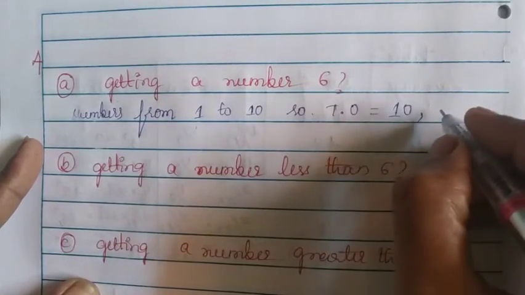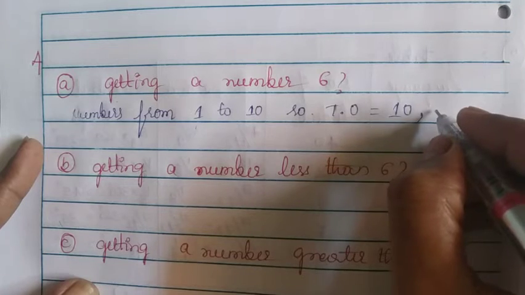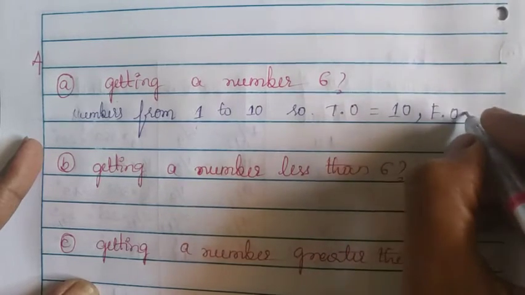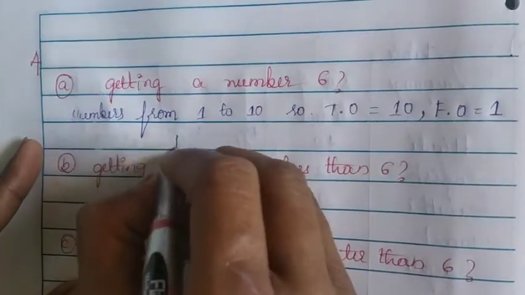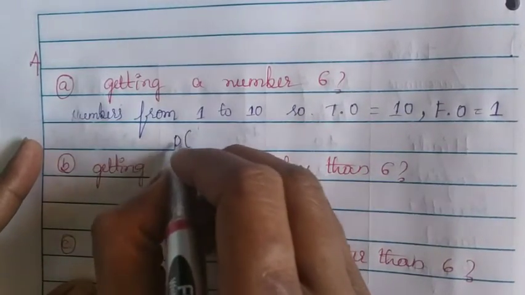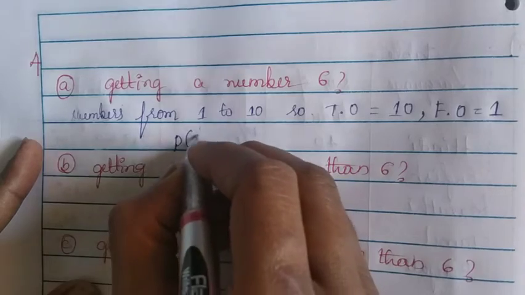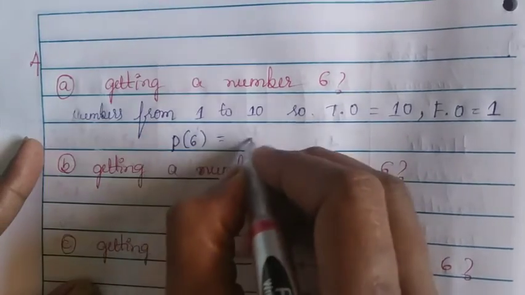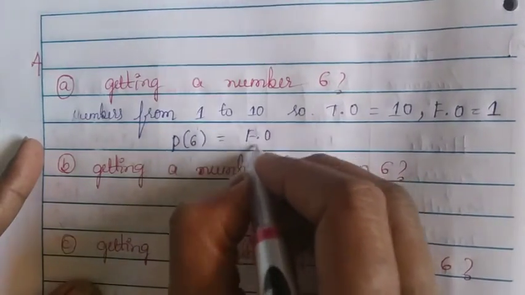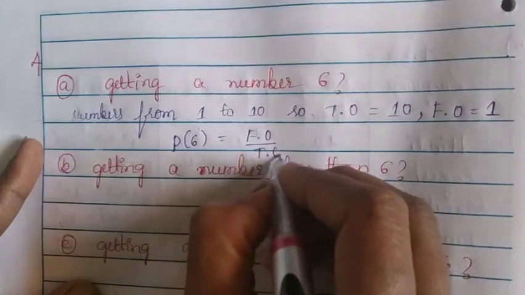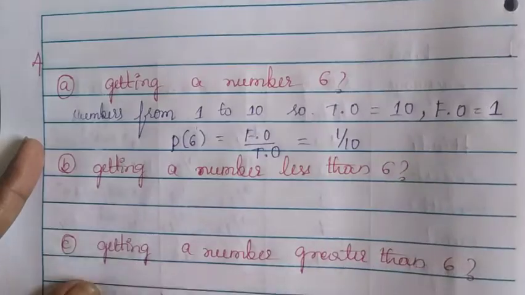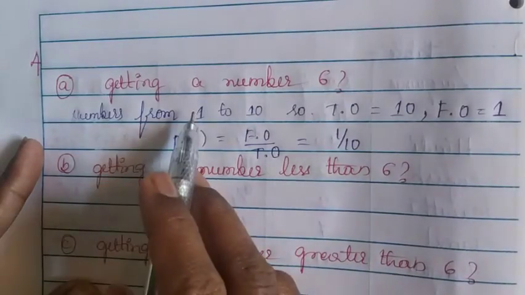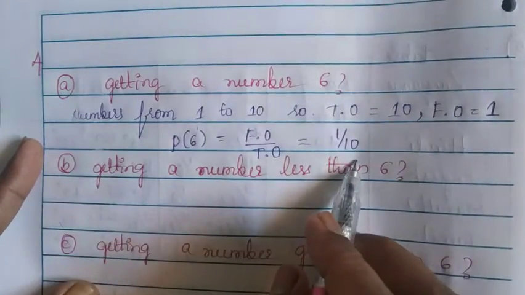Yes, here the favorable outcome is 6, that is only 1. So probability of getting a number 6 is equal to favorable outcome by total outcome, equal to 1 by 10. Answer for this question is 1 by 10.